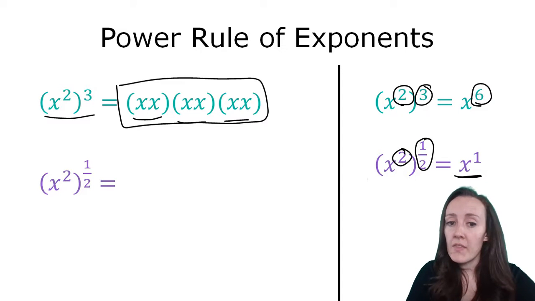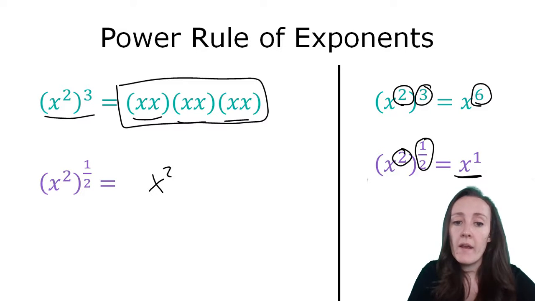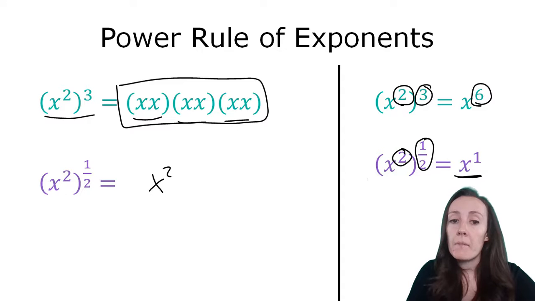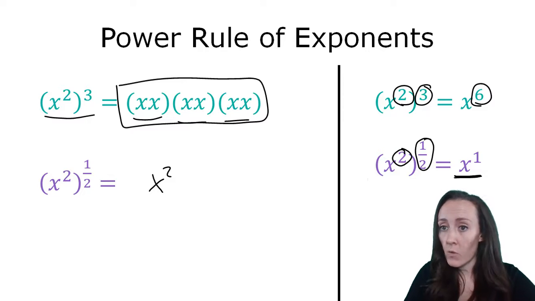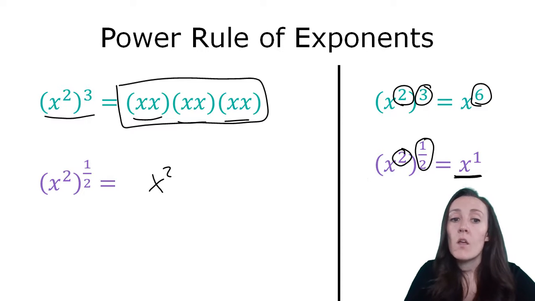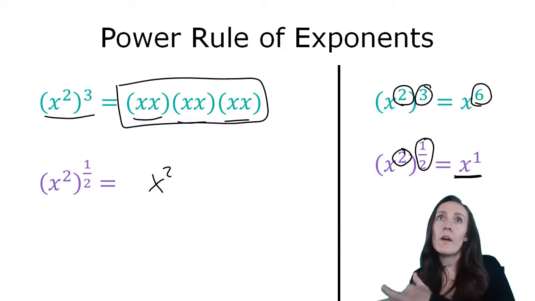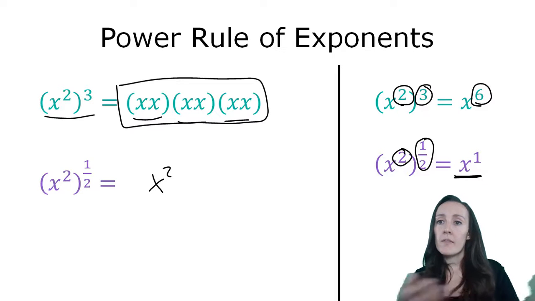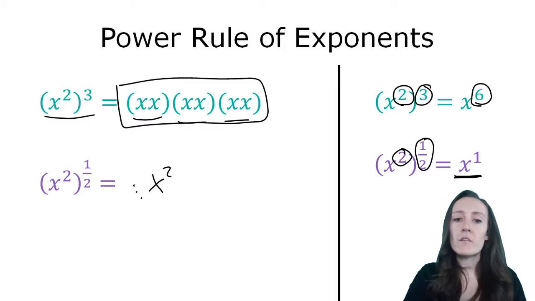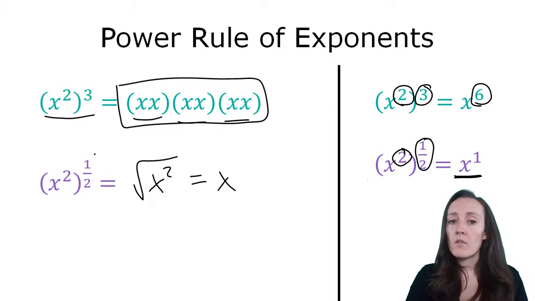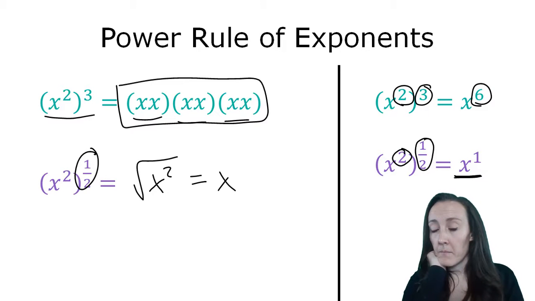So the 1/2 power basically needs to be able to undo the squared so that you get back to x to the power of 1, which is just x. What undoes a square? A square root. The square root of x squared is just going to give you x. And that's why we do fractional exponents as roots.